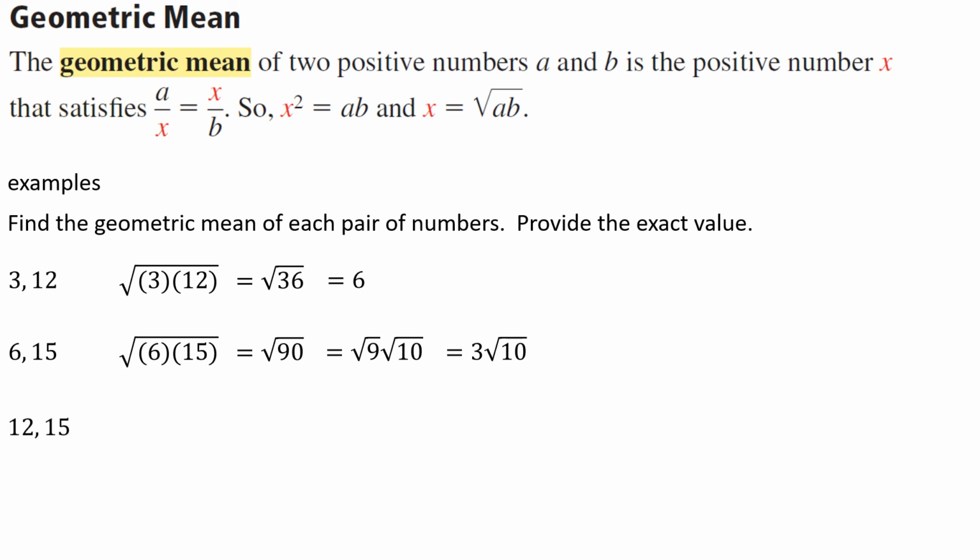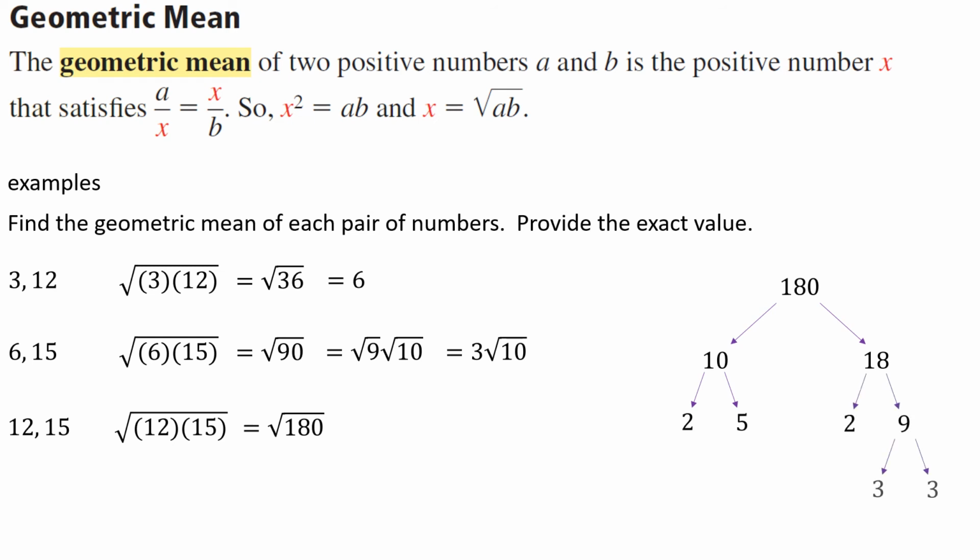How about 12 and 15? 12 times 15 is 180. The largest perfect square that's a factor of 180. Now, some of you might be able to just do this in your head, but I want to show the factor tree method just for a change of pace. There are different ways of trying to figure this out, but I like to sometimes use the factor tree.